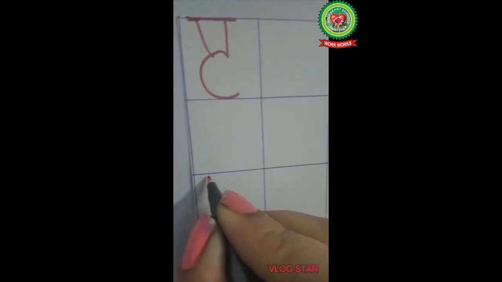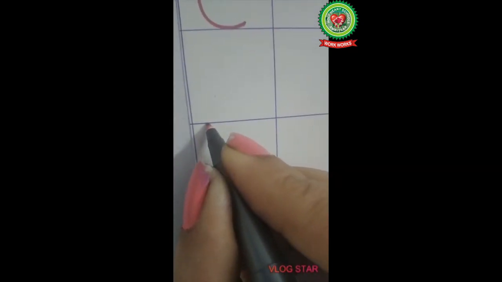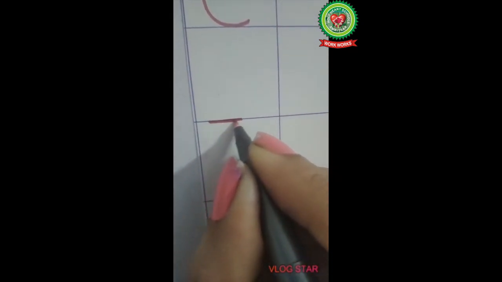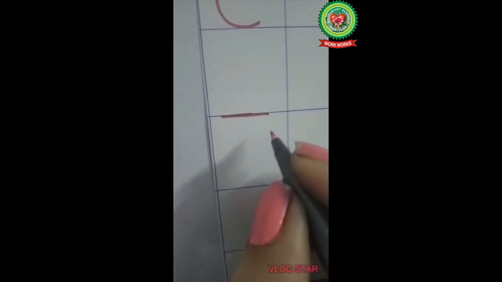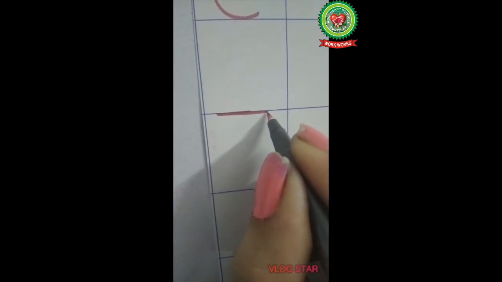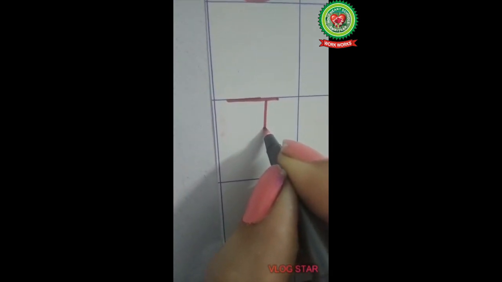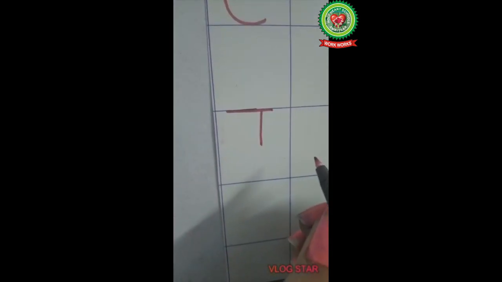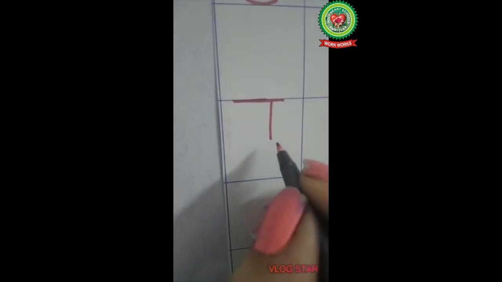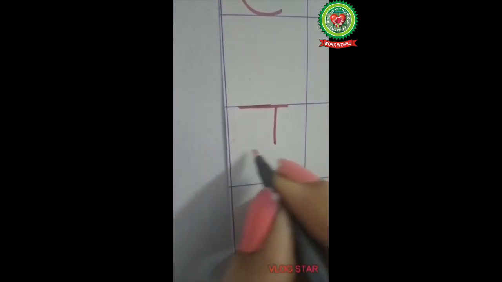Look at it very carefully. I'll use this box. Look at here. Draw a sleeping line like this. Then leave some gap at the end and start drawing a standing line like this. Stop at half of the box.